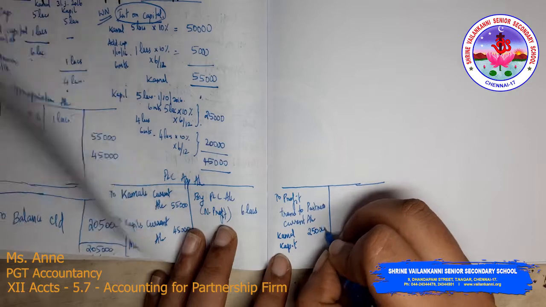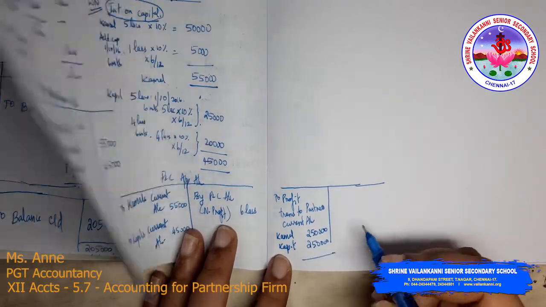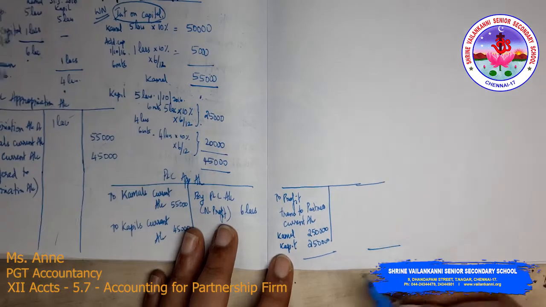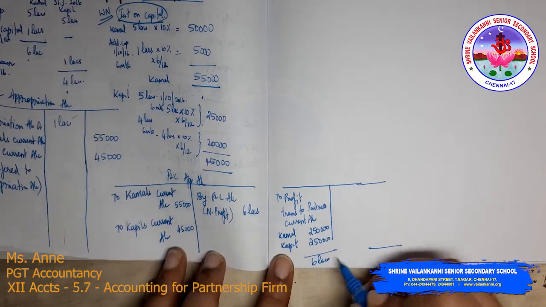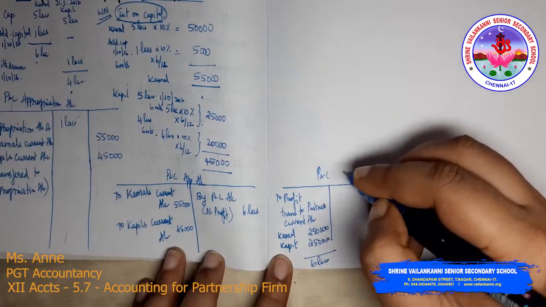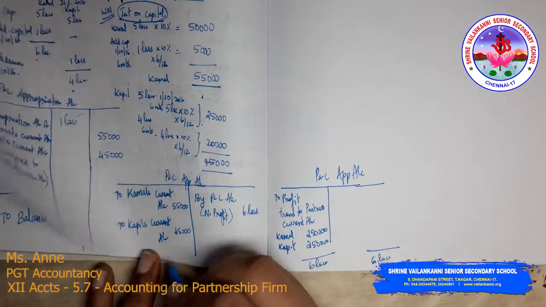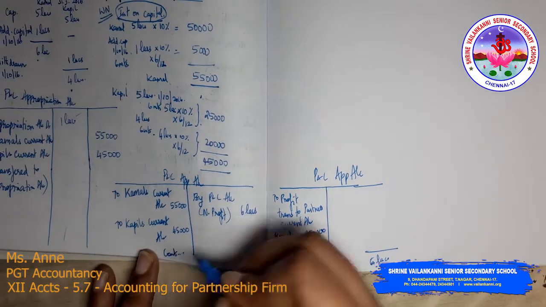So 2,50,000 and 2,50,000. So this is the P&L appropriation account. I've just not had space, so I'm just continuing it here.